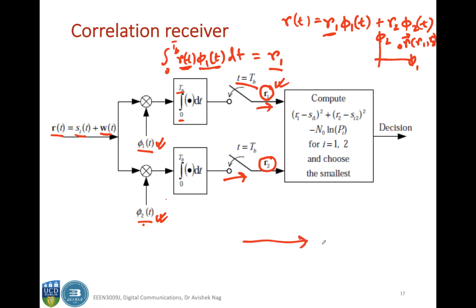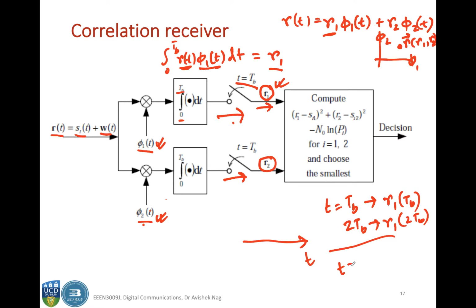So as time progresses, at t equal to T_B you are observing R1(T_B), at t equal to twice T_B you are observing R1(2T_B), and all this is happening in the first arm. In the second arm the same thing is happening: at t equal to T_B you are observing R2(T_B), and at t equal to twice T_B you are observing R2(2T_B).